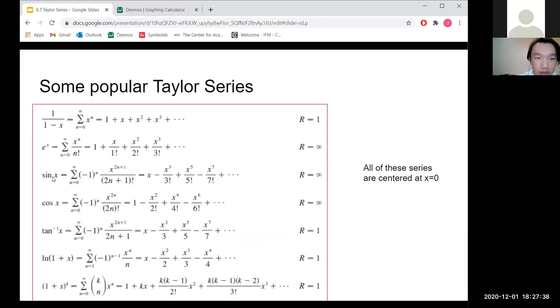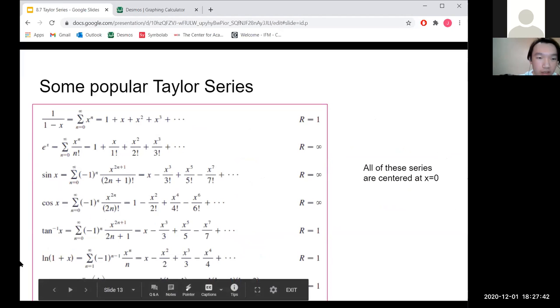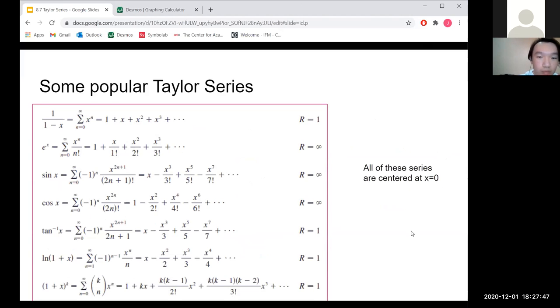And then we have a lot more: sine of x, cosine of x, arctan, ln, and that one over there. You can go ahead and use this table for every question going forward. If a particular question wants a Taylor series from this table, you can just use it. You don't need to derive it yourself.